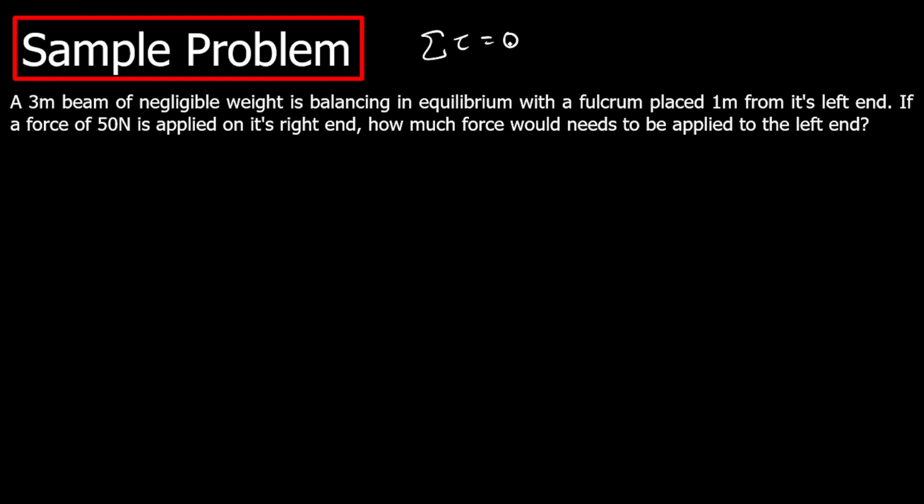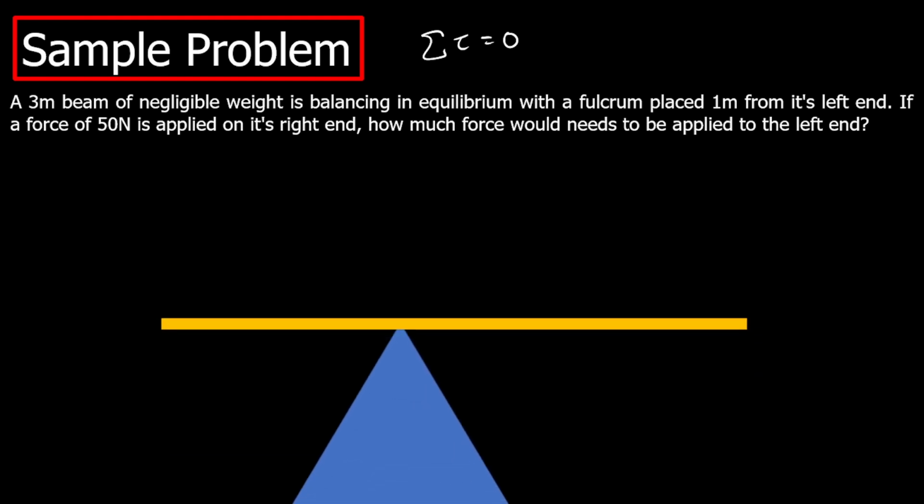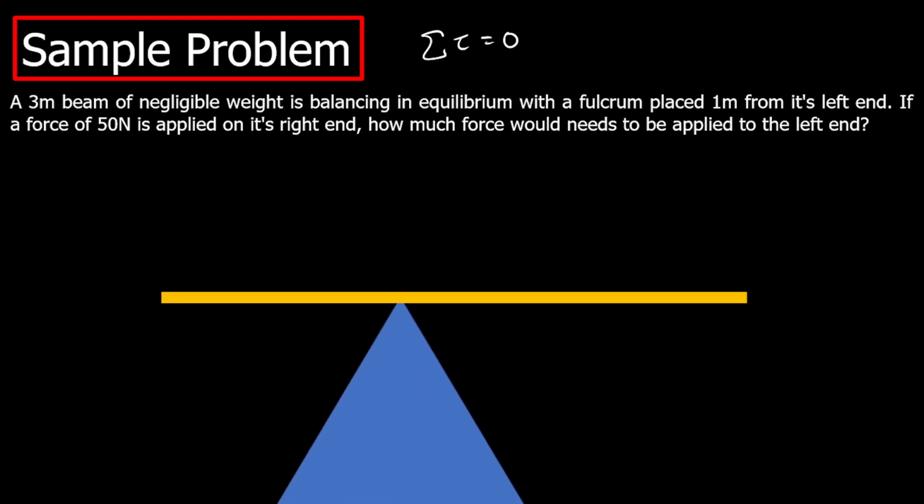The fulcrum is placed 1 meter from its left end. If a force of 50 Newton is applied on its right end, which is 2 meters away, how much force would need to be applied to the left end?